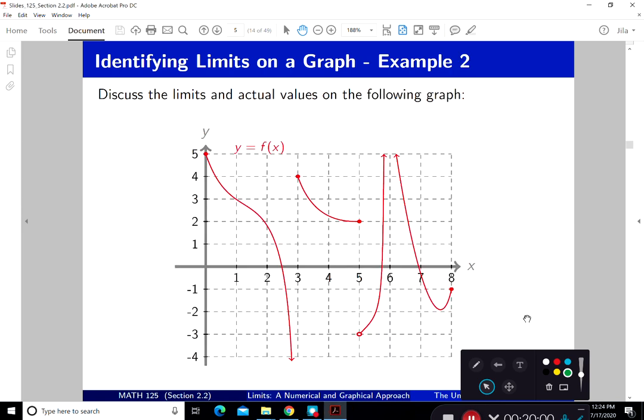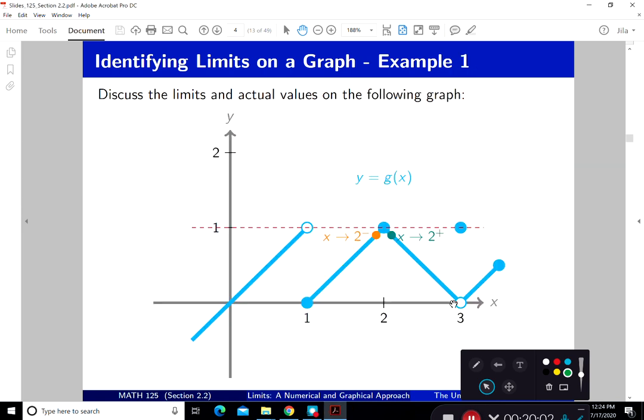Now how about x equal to 3? As x approaches 3 from left or from right, y values approach 0. So in this case, the limits are both equal to each other.